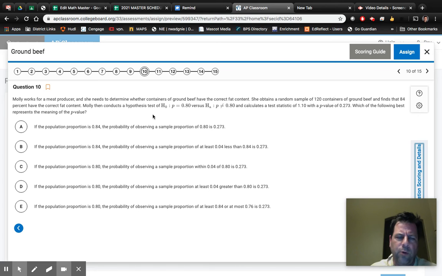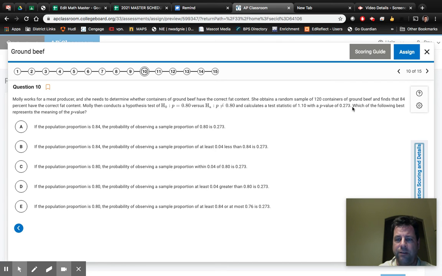So this is one you really need to know. A p-value is the chances. It's a proportion. So there's a 27% chance of getting the sample that we got, assuming this is true. That's what the p-value means.